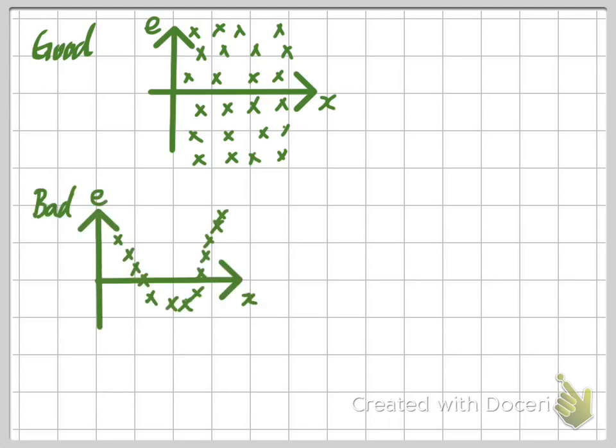So let's look at this one. This is our first example of a bad residual plot. Here it's very clear that for e with respect to x, we have a curve. What does this curve mean?